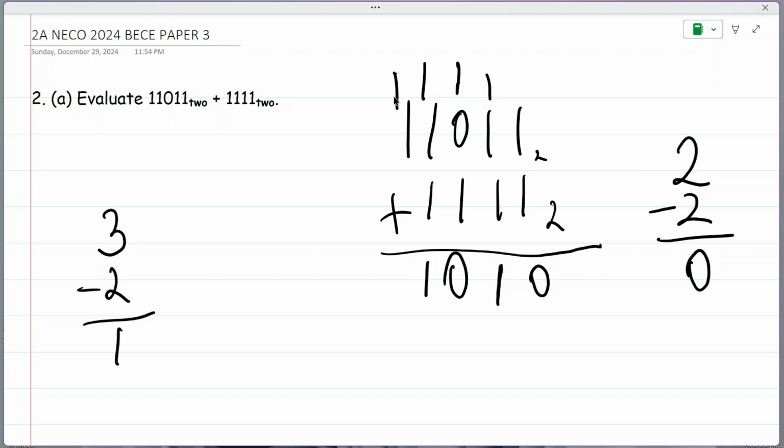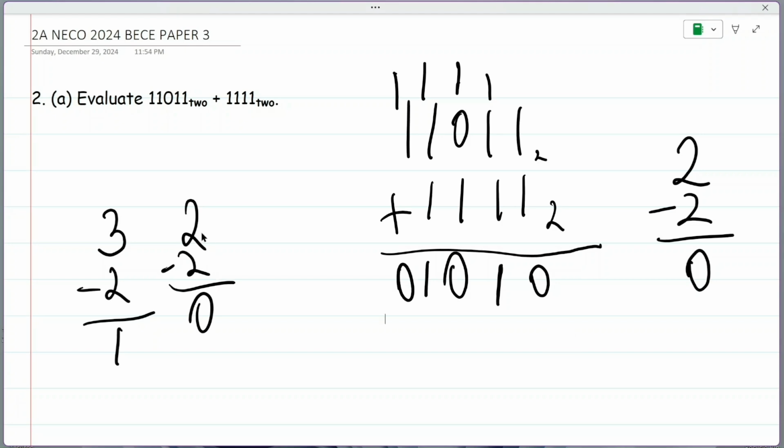Now we add the 1 that we just added to the 1 that we have. 1 plus 1 is 2. We can't write down 2 here, because working in base 2 means our result should be less than 2. So we write the 2 out here. Then we subtract the base from the result, which is minus 2. 2 minus 2 is 0. The result we get is 0.